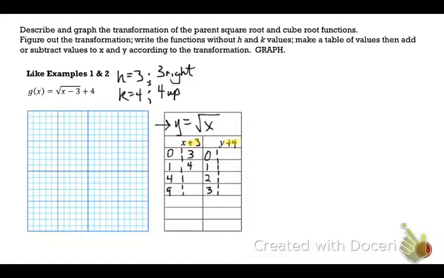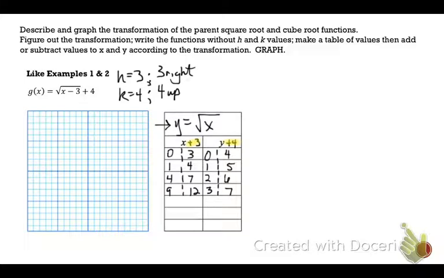So my shifted x values will be 3, 4, 7, and 12. My shifted y values will be 4, 5, 6, and 7. So those are the x and y values that I want to graph.